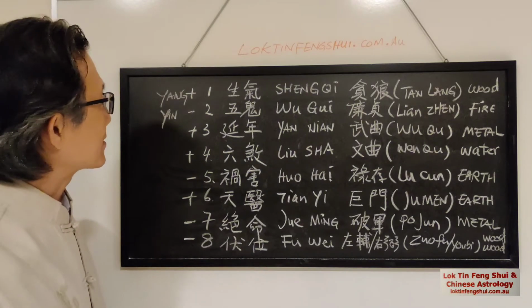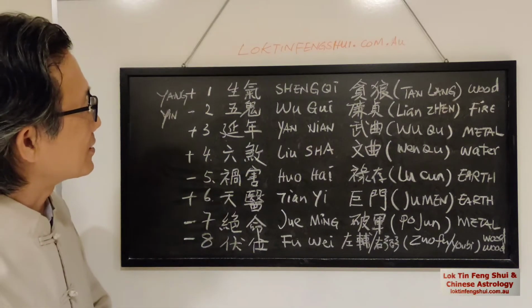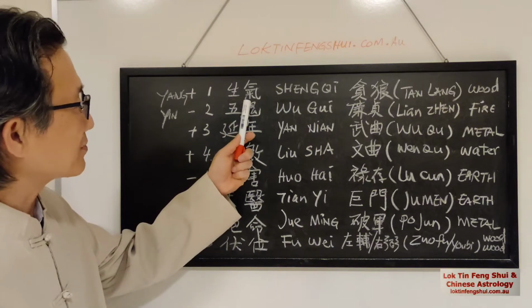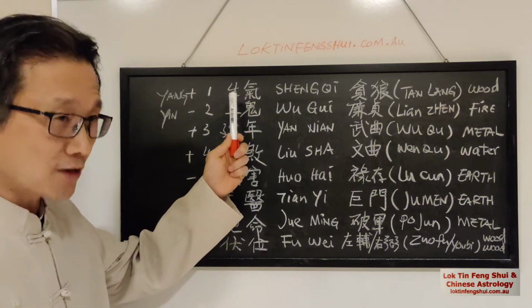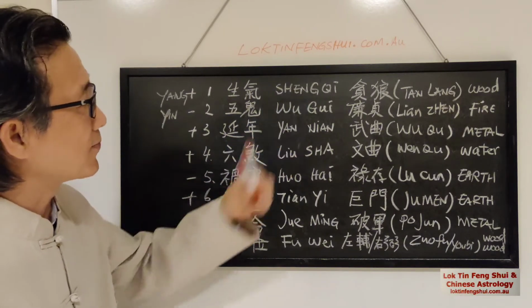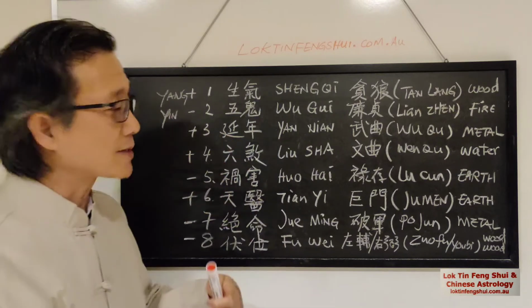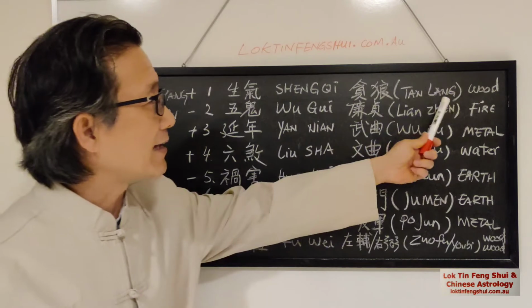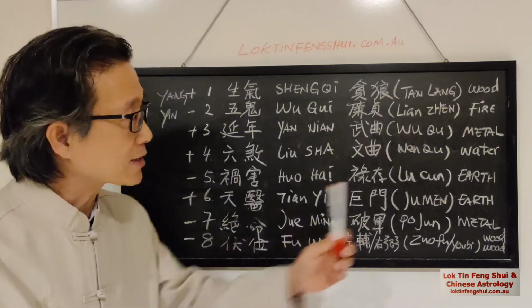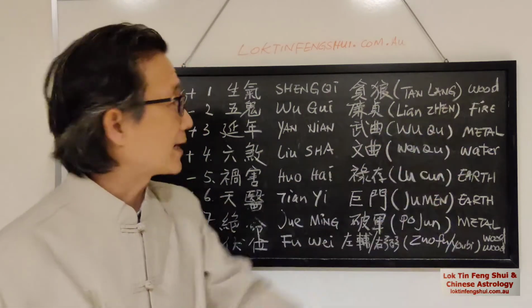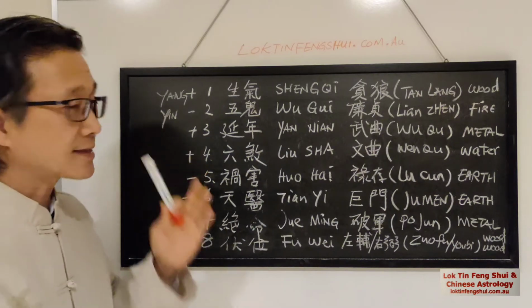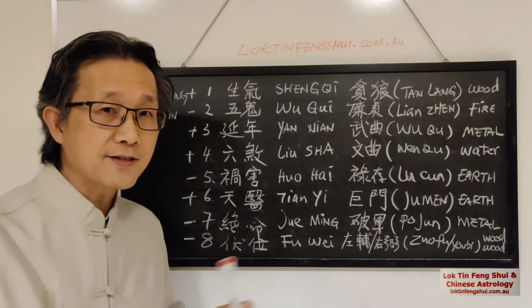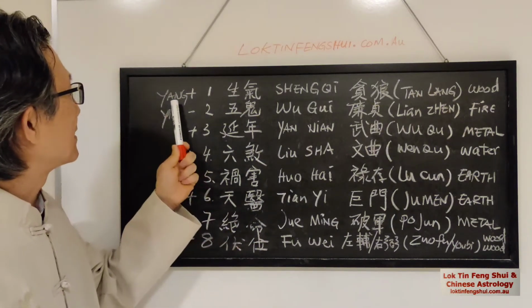The first one is called the Sheng Qi, the Sheng Qi star or wandering star. Sometimes in Feng Shui we also call it Tan. The element is wood, and the yin and yang of the star is yang.